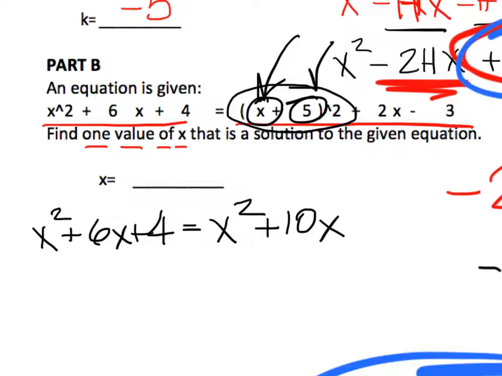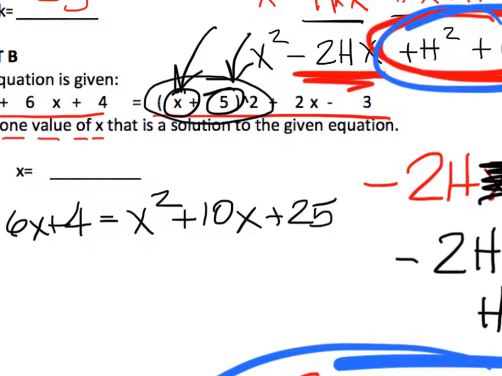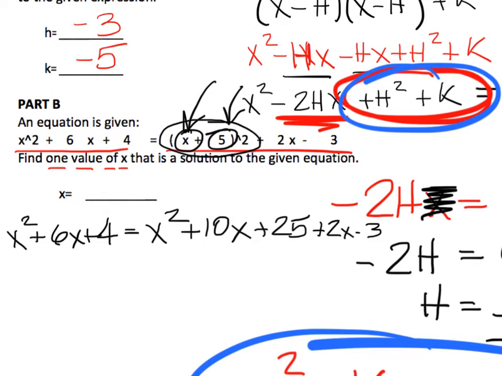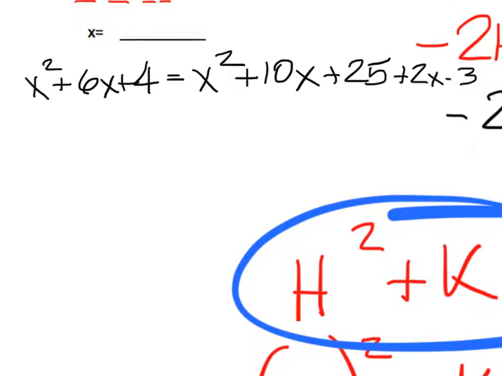And then you square the last term to get 25. Of course, we still have plus 2x minus 3 in there as well, running into my other stuff, but it will even out here in just a second.